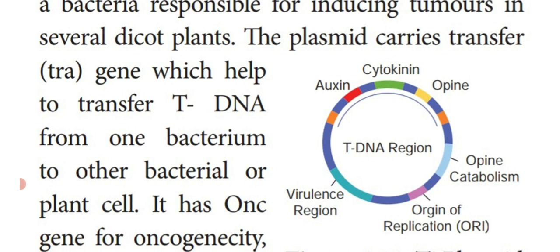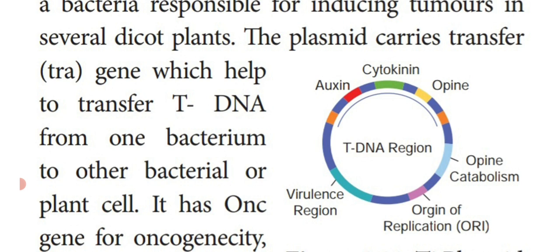Auxin is responsible for cell enlargement or elongation. Cytokinin is responsible for cell division. Then the yellow region is known as opine. Then the sky blue or peacock color is known as the virulence region.